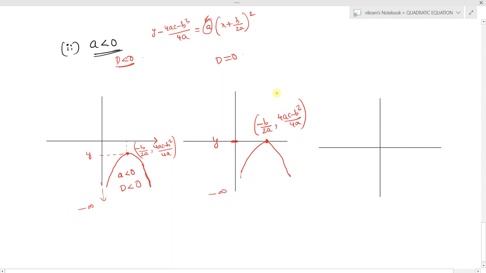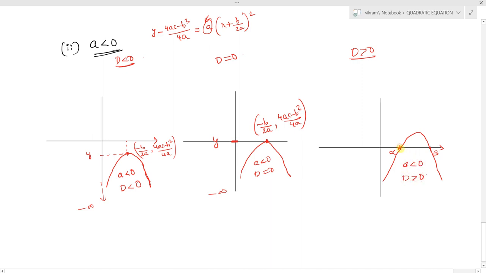Next, when it touches the real axis with discriminant greater than 0, it has to touch at two instants. The curve has to touch the real axis at two points. Then we can draw in this manner. So we have a less than 0 with discriminant equal to 0, and a less than 0 with discriminant greater than 0.